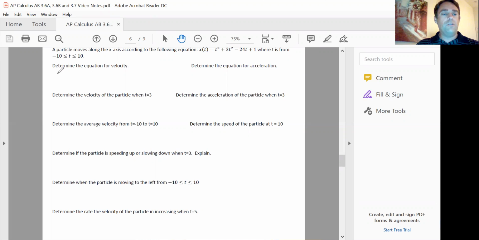First up, the velocity. Determine the equation for velocity. The velocity is the first derivative of our function, so we're going to take the first derivative of that. And that would be 3t squared plus 6t minus 24.